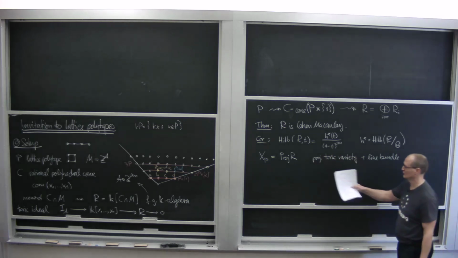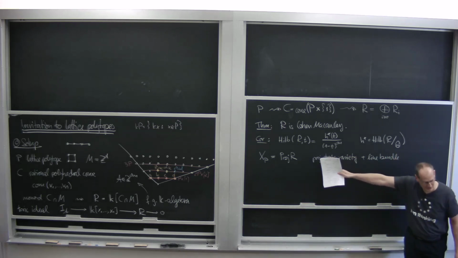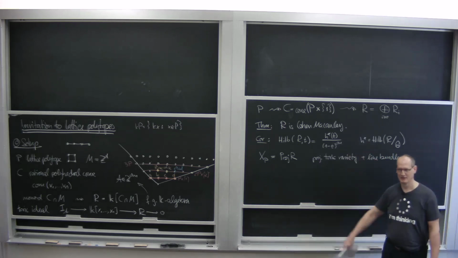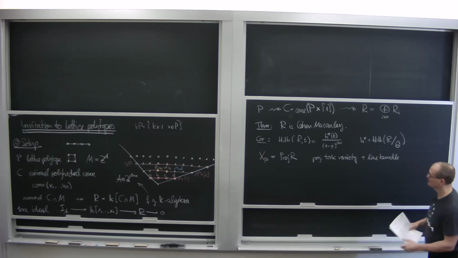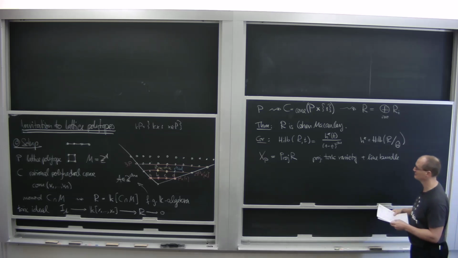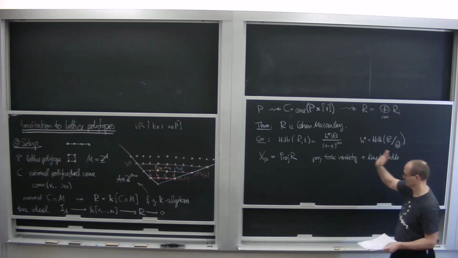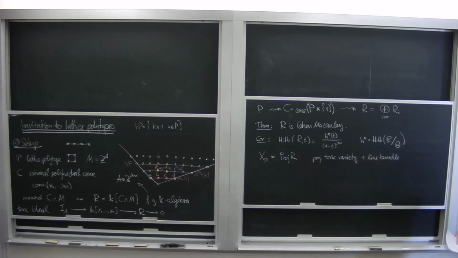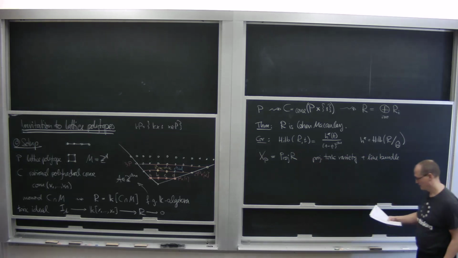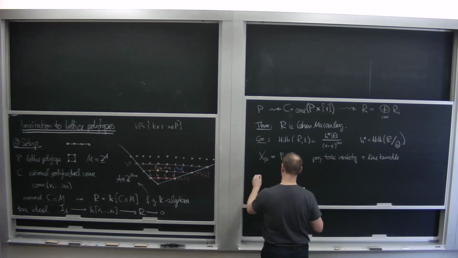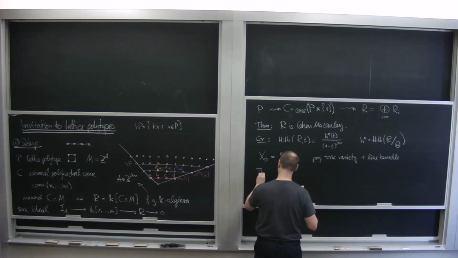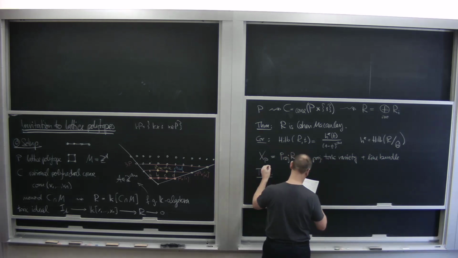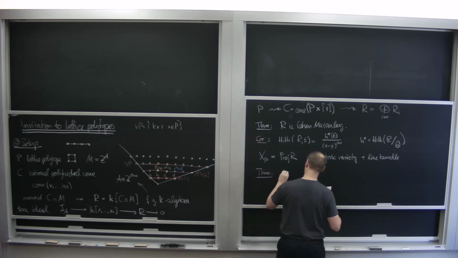So here I'm actually sweeping a few subtleties under the rug. They're going to be mentioned a little bit in chapter 2. But let's just say the polytope really gives us a variety plus a polarized line bundle, and about this we also know a few things. So it is also a corollary.